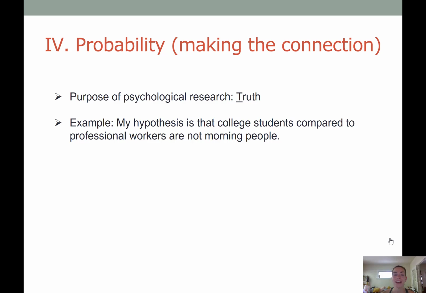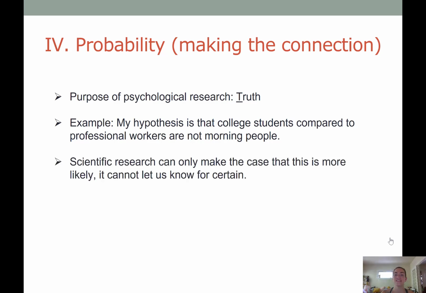So what I end up doing is I can only make the case that with the information I have in front of me, or with the information in my sample, I can make a case that one thing is more likely than the other, right?